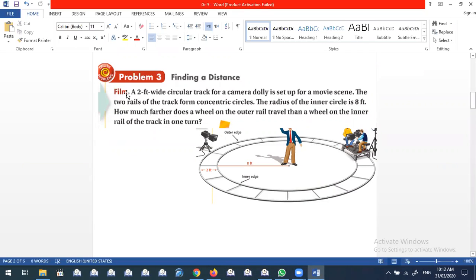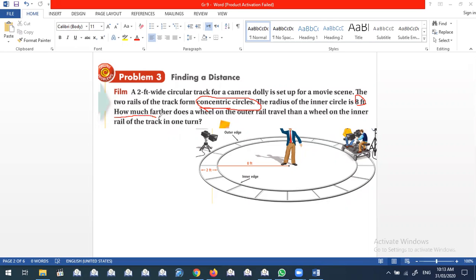Here we have a 2 feet wide circular track for a camera dolly set up for a movie scene. The two rails of the track form concentric circles, the same centers. The radius of the inner circle is 8. How much further does the wheel on the outer rail travel than a wheel on the inner rail?